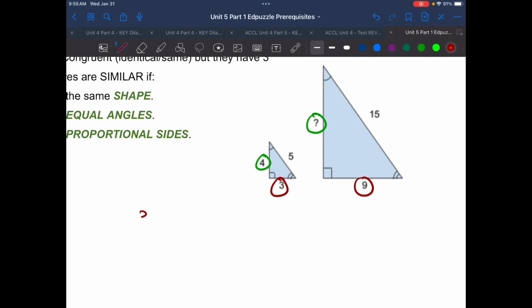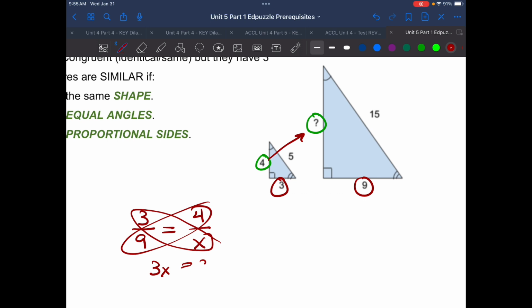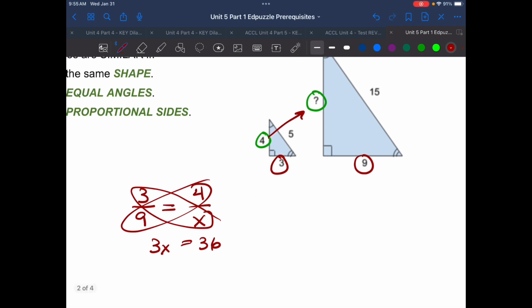And now we just simply solve a proportion. Now, guys, I realize you could do this without using a proportion, but again, we want to build good habits. So here we go. I'm going to get 3x equals 36. And after dividing both sides by 3, we get x equals 12. And that will be our missing side.